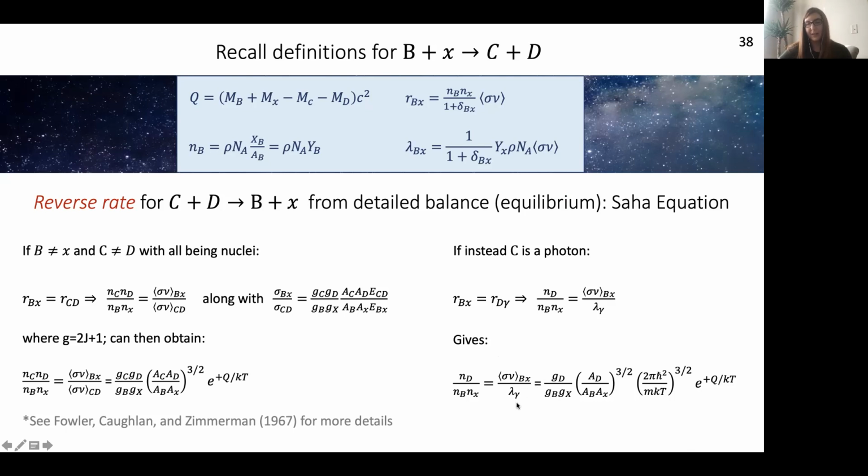And this is how we tend to get photodissociation rates, by doing this type of detailed balance. So Saha equations give you reverse rates, and it's really a nice way to not have to calculate everything from scratch. And we do make use of it within astrophysical reaction networks.